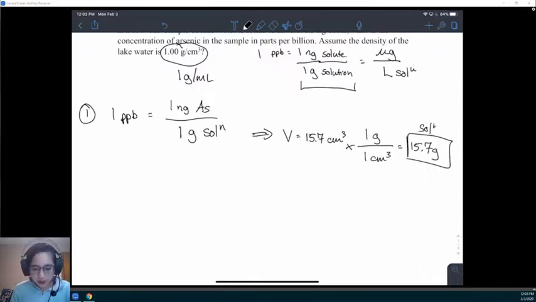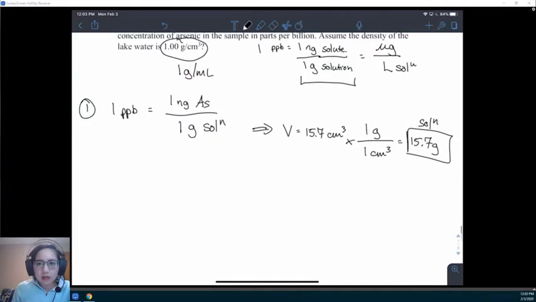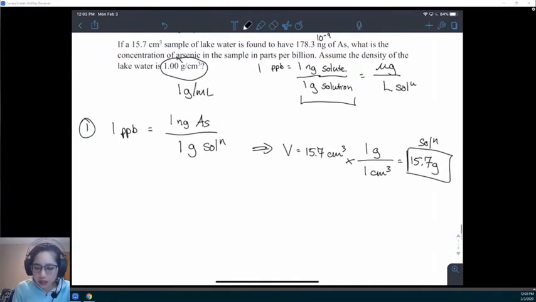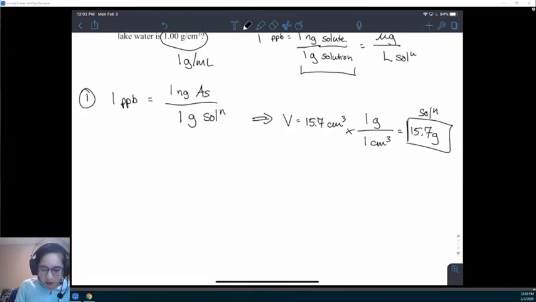Okay? So we have the bottom of our equation, and the question tells us that they measured 178 nanograms of arsenic. So the mass of arsenic is already given in nanograms. Perfect. So the concentration will be equal to 178.3 nanograms of arsenic over the total mass of the sample, which is 15.7 grams of our sample.